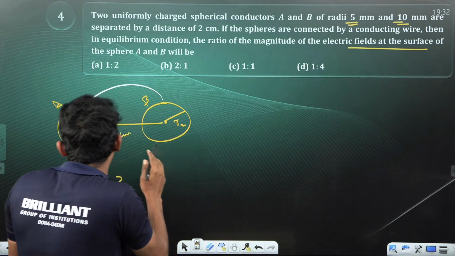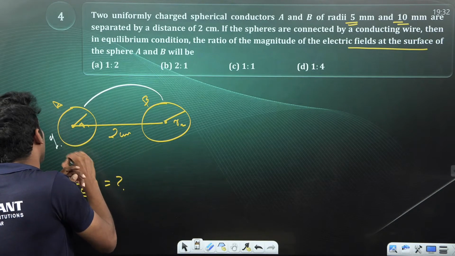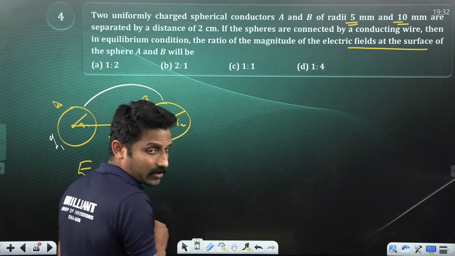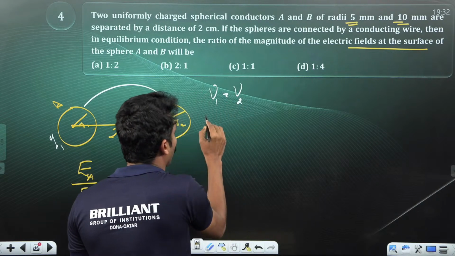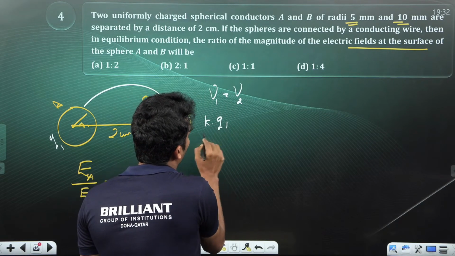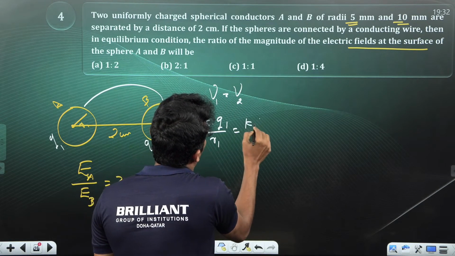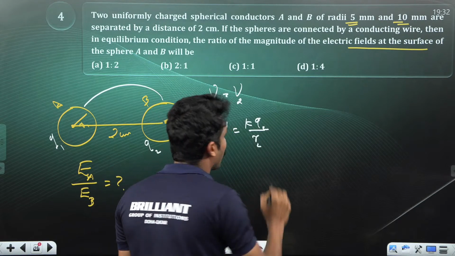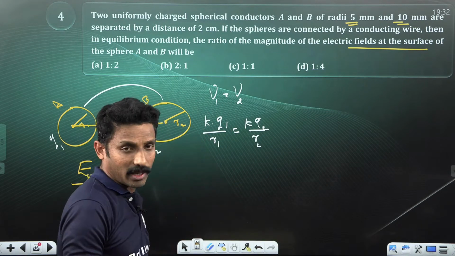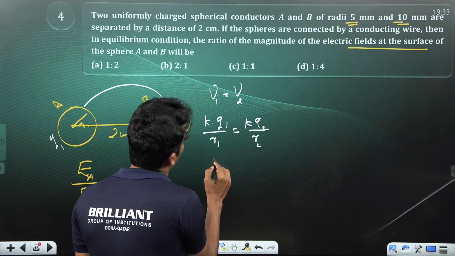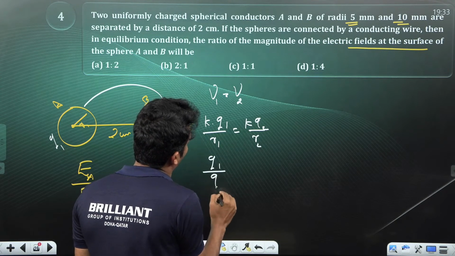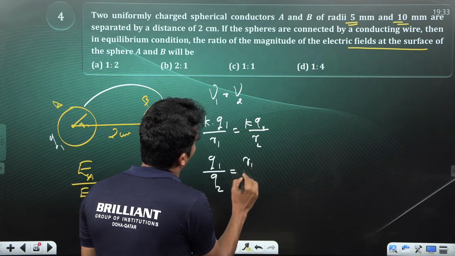After the potential becomes the same, let the charge here be Q1 and the charge here be Q2. Then the potentials are equal, which means KQ1 divided by R1 is equal to KQ2 divided by R2, because the potential formula is KQ by R. K cancels, and we have Q1 by Q2 equal to R1 by R2.